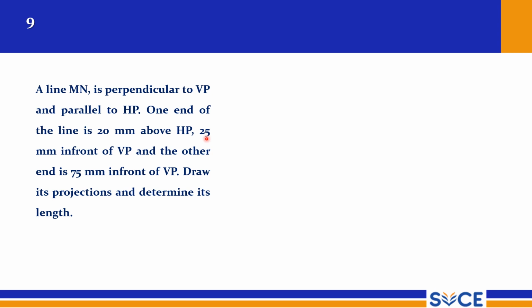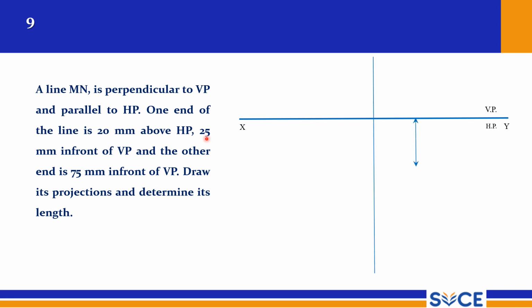Now we will see how to find the true length. So draw the XY reference line. Above HP is 20 mm. Draw a line at 20 mm, and one end is 25 mm in front of VP. So this is 25 mm and mark the first point.